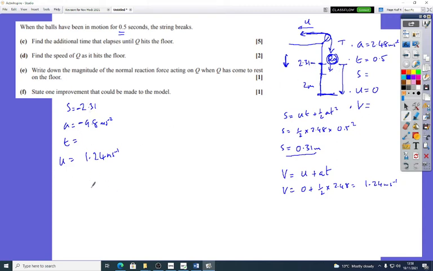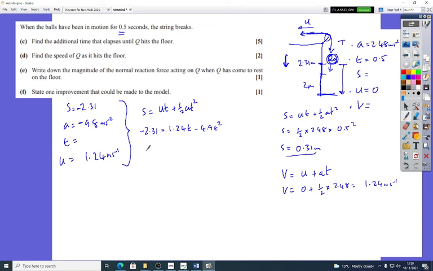So what you've got here at the moment, let's look at the diagram. Let's use the equation s equals ut plus half at squared. s is minus 2.31. u is 1.24 t, and we're using the negative here, so half that is minus 4.9 t squared.